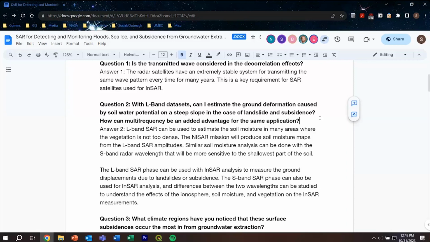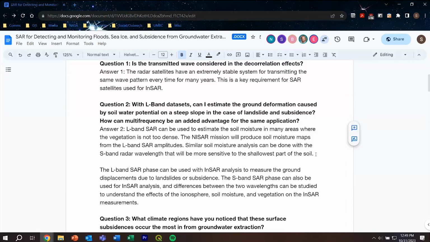And that will be one of the products that's going to be produced by the InSAR mission. They will be producing soil moisture maps globally at 200-meter resolution, and people will be doing similar analysis with the S-band radar wavelength that's more sensitive to the shallow part of the soil.